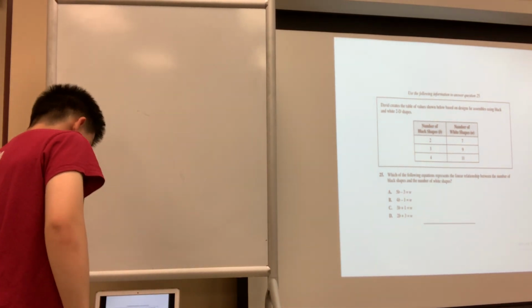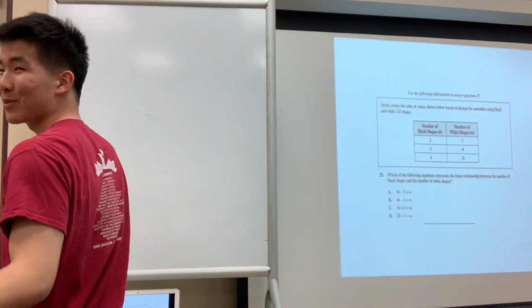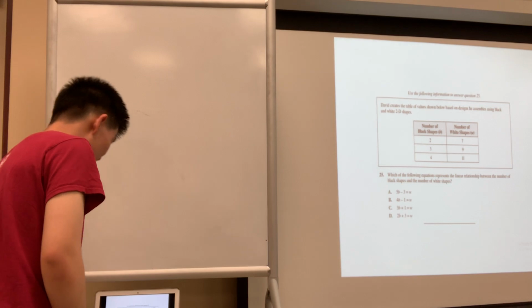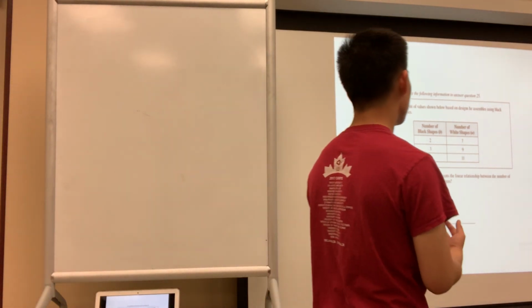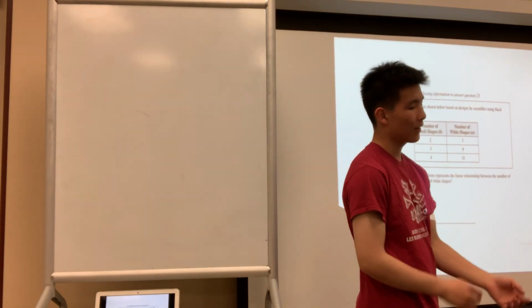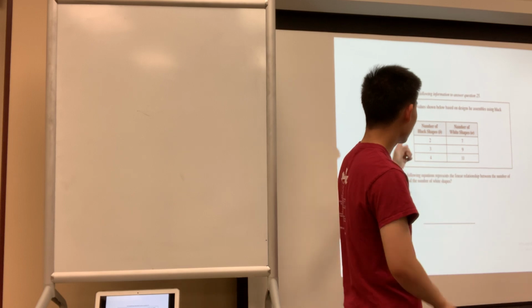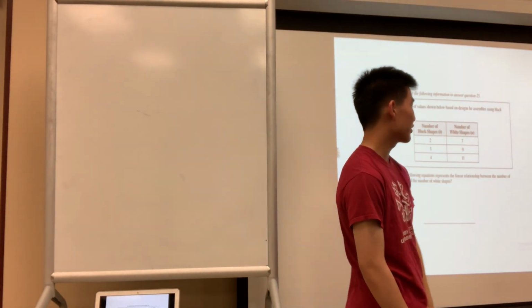All right, so this last one, I think we have, I want to switch in 5 minutes. So this next one, we basically want to model the number of black shapes with the number of white shapes. The first thing that you sort of notice is that for each black shape increase, we have 2 more white shapes.